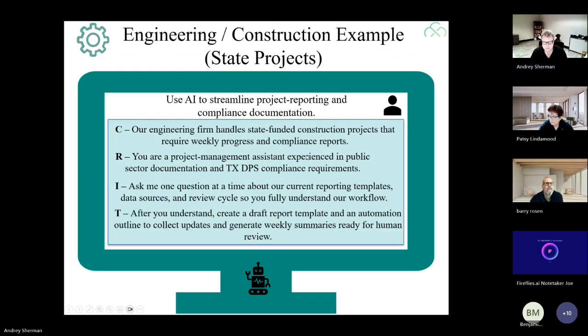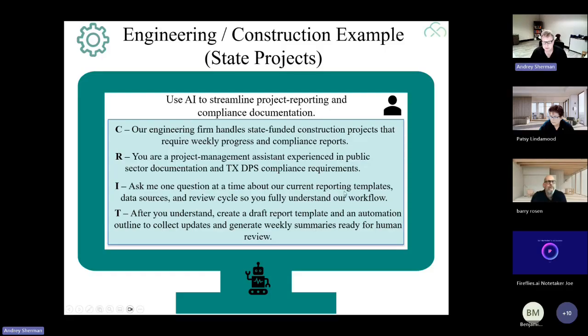Another example, an engineering firm, on how to use AI to streamline project reporting and compliance documentation. Again, the context is that we are an engineering firm with state-funded construction projects that require weekly progress and compliance reports. You are a project manager experienced specifically in public sector documentation and Texas DPS compliance requirements.